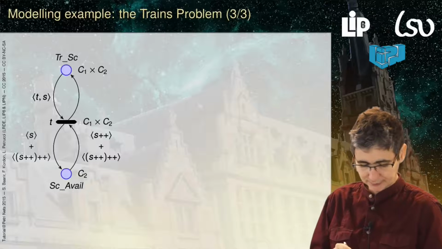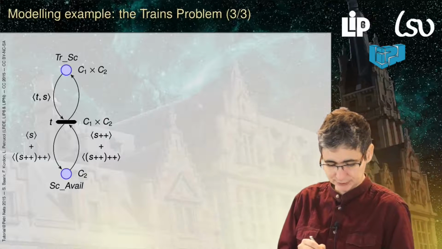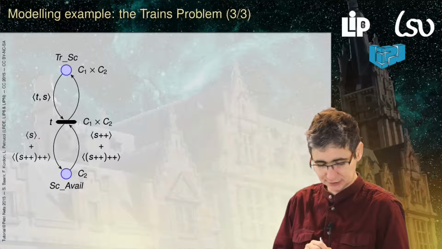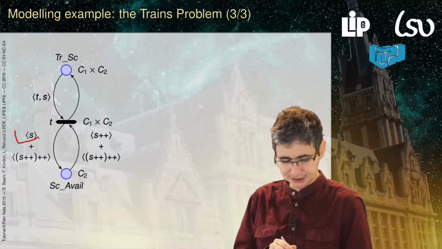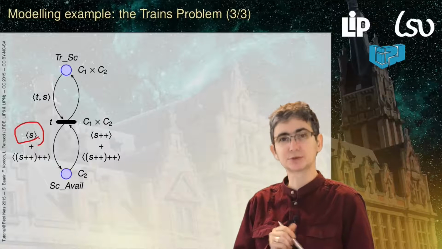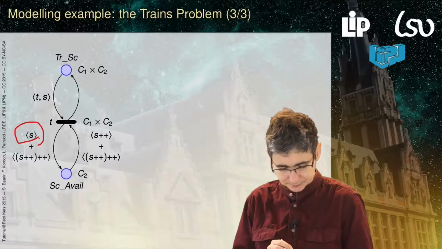So the train will move from its section S to section S++. So it will free section S here, and it will return it to the set of available sections.